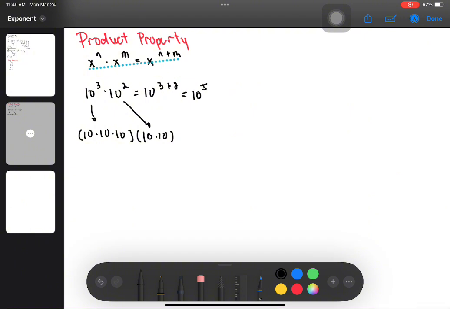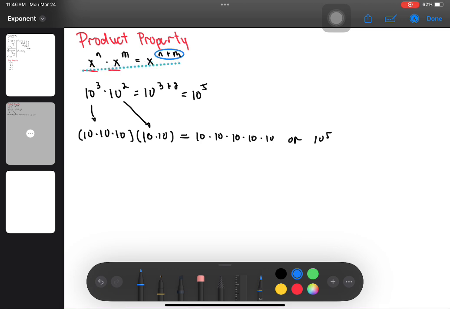Now you might have realized it, but you just basically multiplied 10 times 10 times 10 with 10 times 10, which pretty much is just 10 times 10 times 10 times 10 times 10, right? And what is our rule of exponents? You multiply its base by the number indicated by its exponent. So this is also just 10 raised to the fifth power. And that's the product property. If you're multiplying two bases that are the same, you just add their exponents.